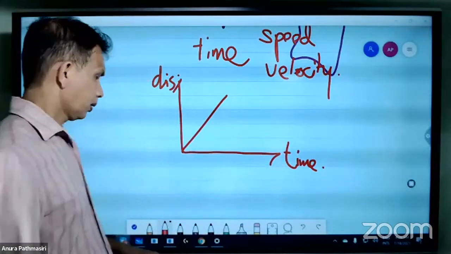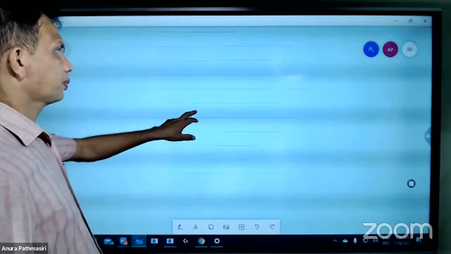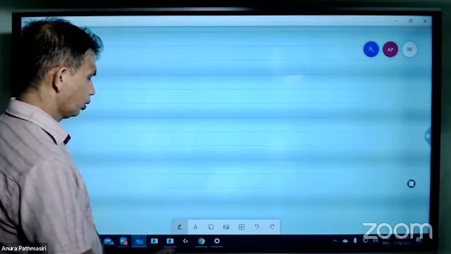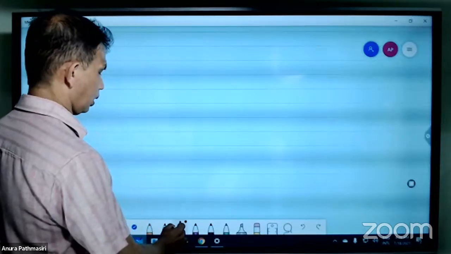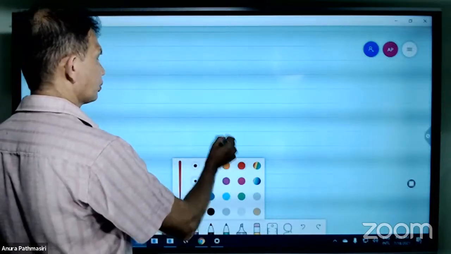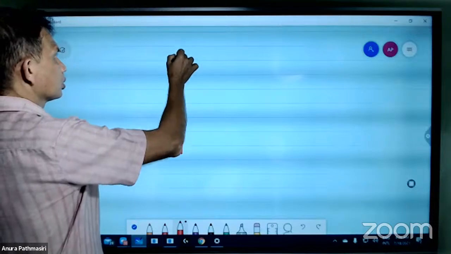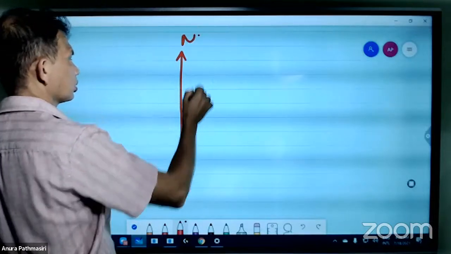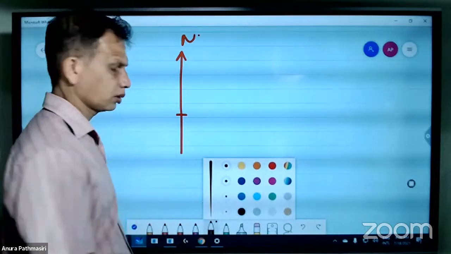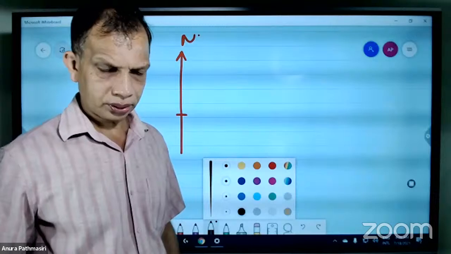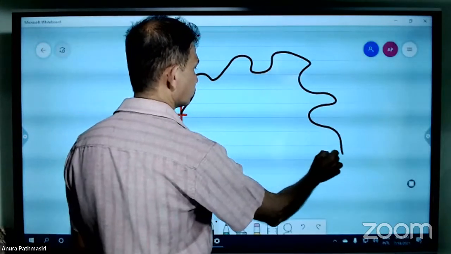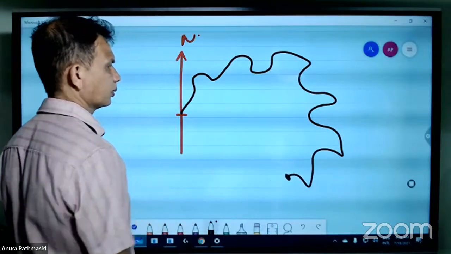Okay. When we are expressing the displacement, as I told you, we want to express the direction as well. Now, according to this question, this is north, and the object travels like here, and it goes on, and then stops somewhere here.